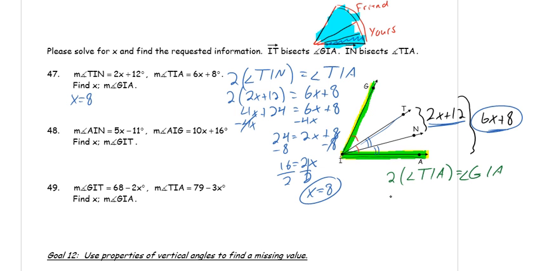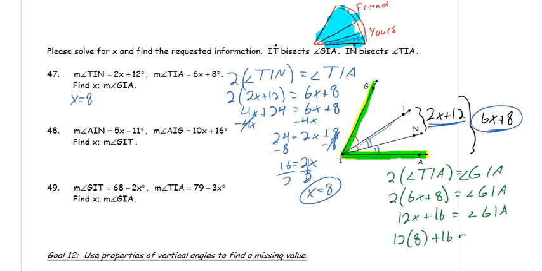Okay, so we'll plug in 2 times (6x plus 8), which equals angle GIA. So we have 12x plus 16 equals GIA. Go ahead, plug in your x. So we have 12 times 8 plus 16 equals angle GIA.